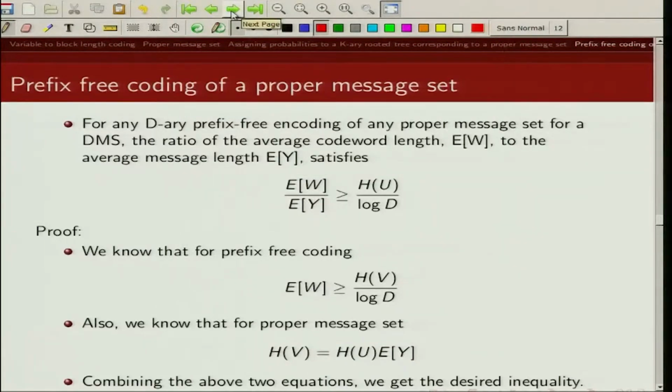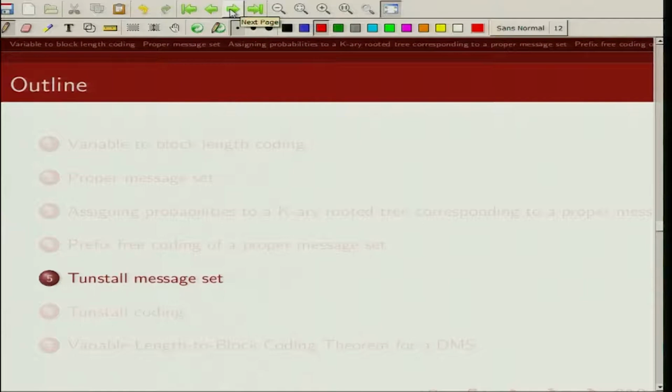Okay. Now let us go back to proper message sets and talk about how we can design a proper message set that will maximize my expected value of Y. Remember, in variable-to-block length coding, the goodness of the code is determined by how small this quantity is.